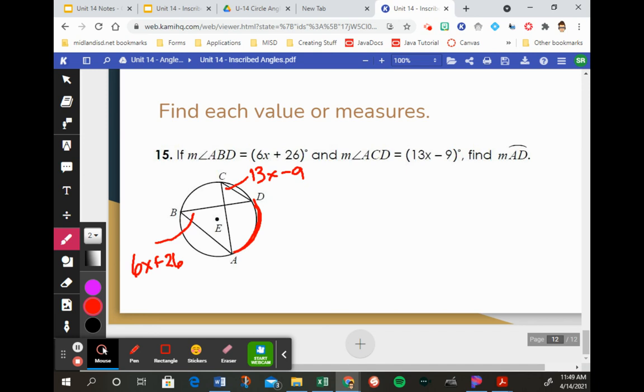I know that this angle and this angle are congruent. That means they're equal. So I'm going to set 6x plus 26 equal to 13x minus 9.